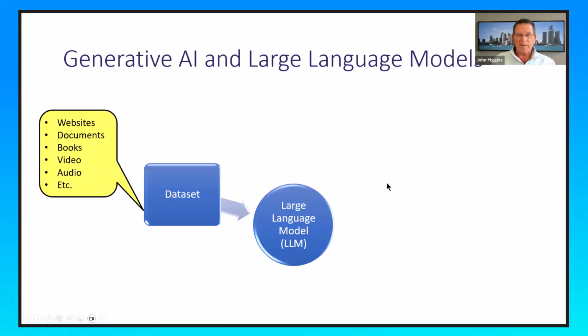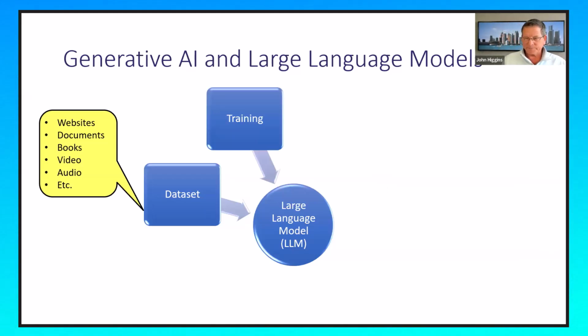You've got this big data set, and then what happens is it gets trained. What does that mean? Well, this is where the really sophisticated software technology comes into play. In the case of OpenAI with ChatGPT, they have very sophisticated algorithms that are analyzing that data set to find patterns of words, how words are used, how words are strung together, just really to understand the nature of how that content is developed.